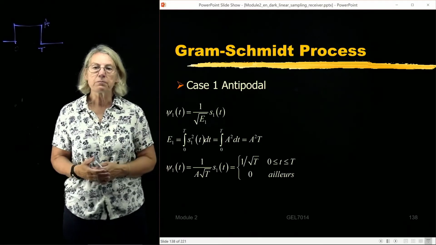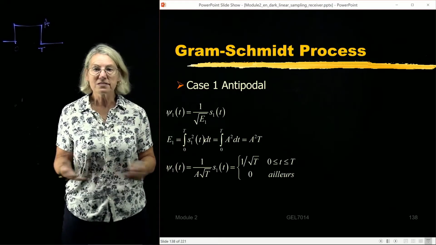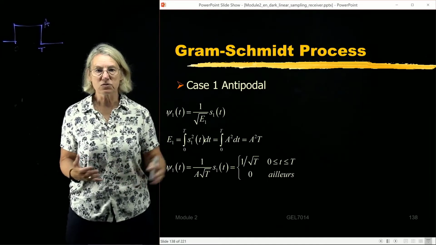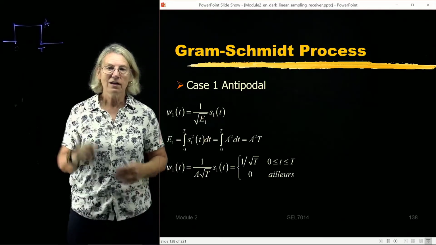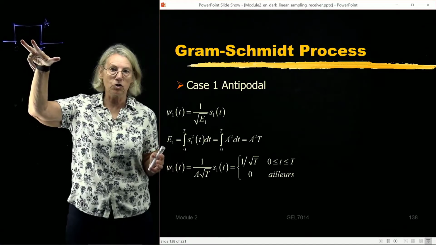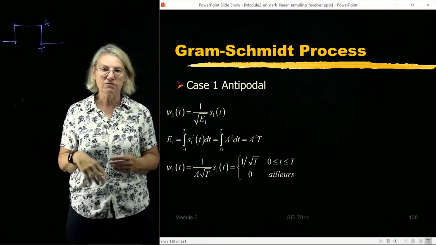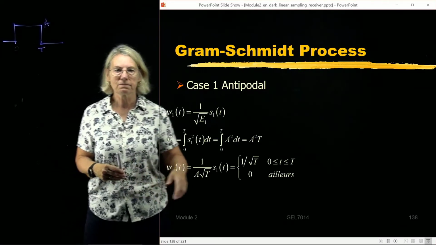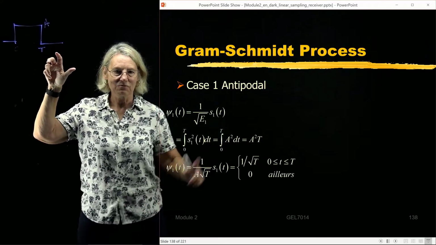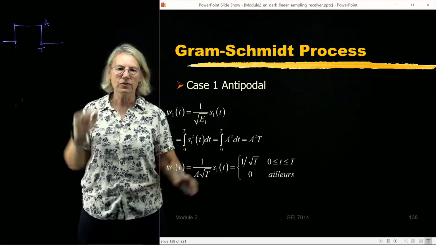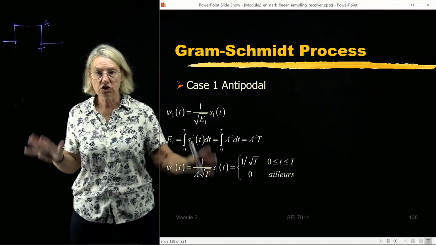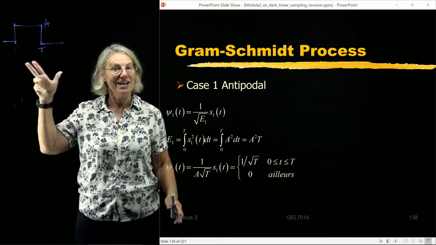We could use the Gram-Schmidt process to find the basis function. For instance, let's take the antipodal case. The Gram-Schmidt process says to take the first symbol, this one, and the only thing I do is normalize it. Right now the area under the curve is AT, but I want the energy, the area under the square of the curve, to be 1. The square would be A squared T, so I'm going to divide by A times the square root of T in order to normalize this waveform so that it has unit energy.